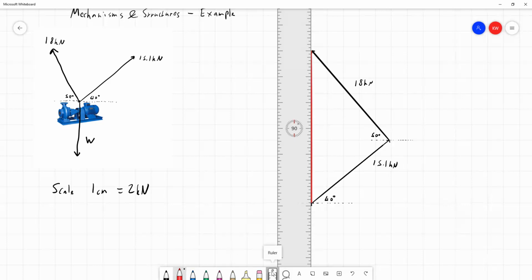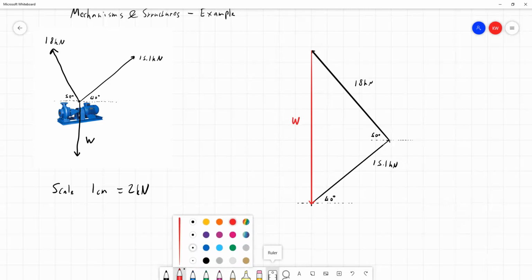And so I'll draw this final line in here. And for completeness, I'll put a little arrow on it. We have no angle to measure here because if we're drawing a line straight up and down, we just make it parallel to the side of our paper and make a completely straight line. And of course, this is our force W, which we haven't worked out yet.